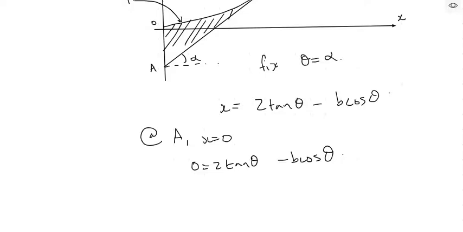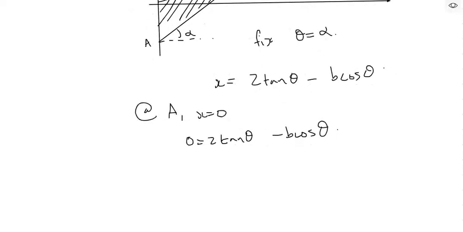Now we've got two choices. We can isolate theta, because we've got two unknowns in this equation, right? We've got theta and b. So we can either isolate theta or a function of theta, like sine theta or cos theta, or we can isolate b and express b in terms of theta or sine theta, cos theta.